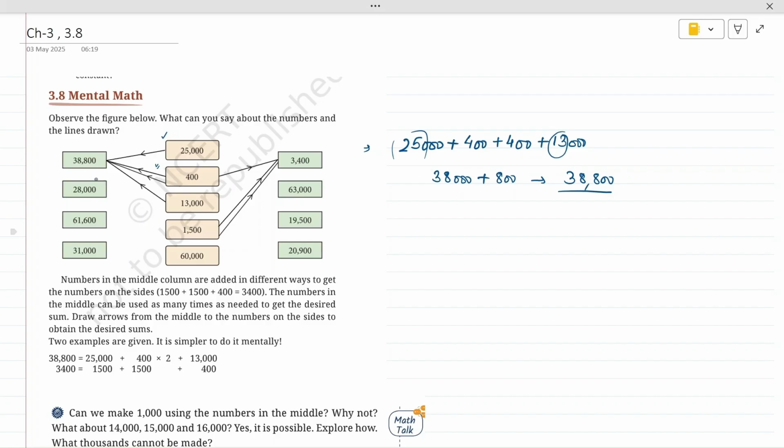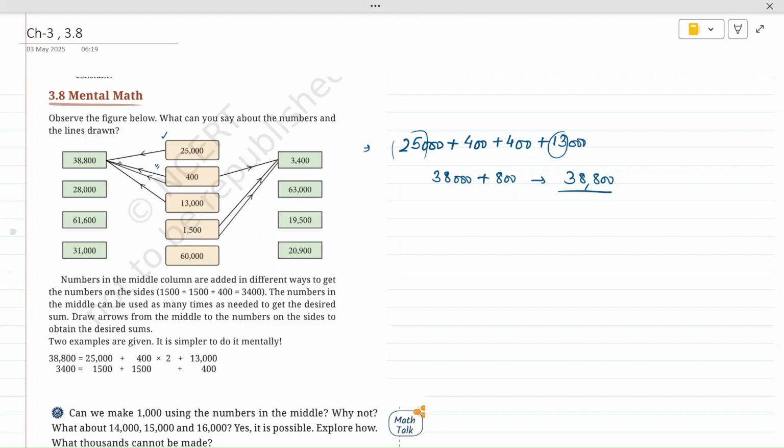So what we can say here is that we are using the middle numbers to get the numbers in the green. Okay, and these lines are telling us which numbers are being used, because we have a list of numbers given here and we are not using all the numbers at the same time.